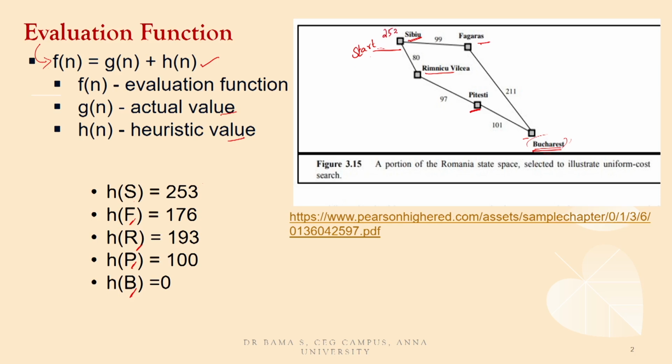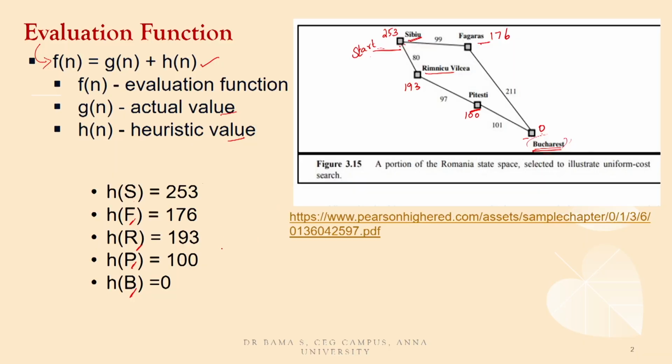S is 253, F is 176, R is 193, P is 100, and B is actually 0. The heuristic cost for the goal is always 0. Why? Because at the goal, if we estimate the goal cost, it is 0, while at the start the straight line distance from S to Bucharest is 256.